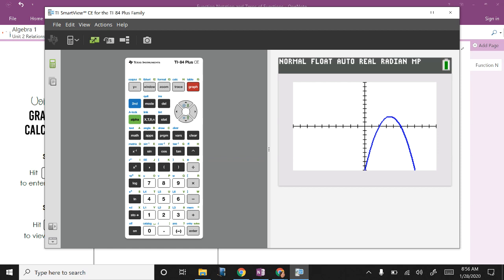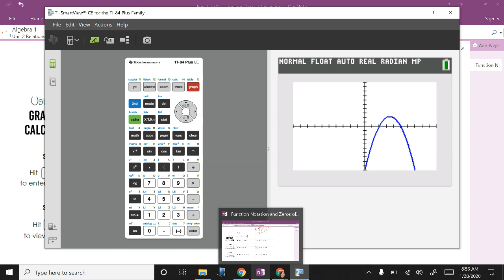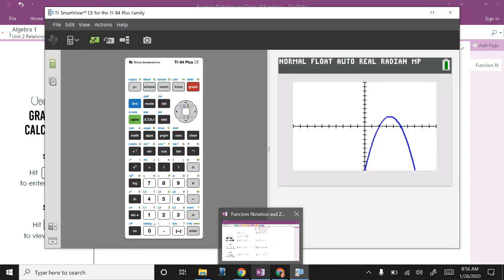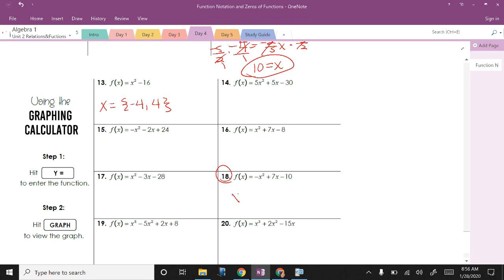I think I put mine in wrong. You said minus 8 is minus 10. Okay, so what are my x-intercepts, y'all? 2 and 5. Okay, 2 and 5. So number 18, x equals 2 and 5.